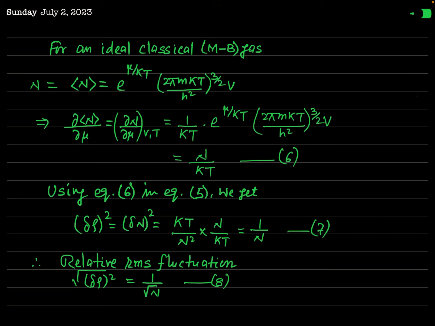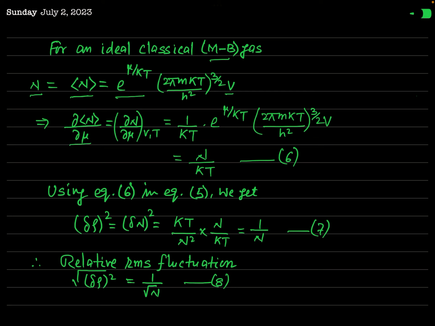While dealing with the classical ensemble, particularly for Maxwell-Boltzmann gas, you have seen that the number of particles, which is almost equal to the average value of the number of particles, is simply equal to e to the power mu by kt times 2 pi m kt over h square whole to the power 3 by 2 times v. And from here you can get the value of this partial derivative, that is del n by del mu.